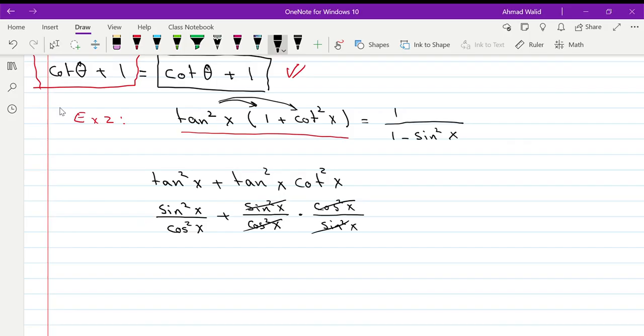Then you end up with sine squared x over cosine square x plus 1, correct? Plus 1.